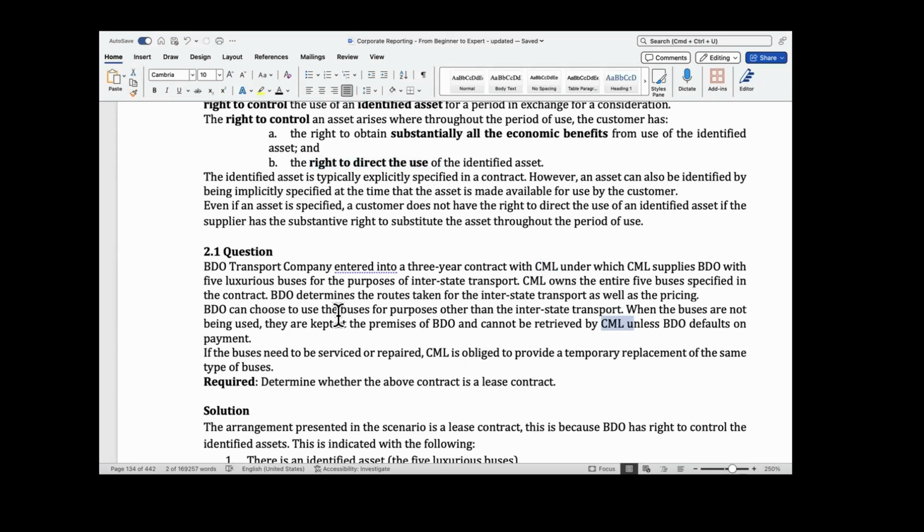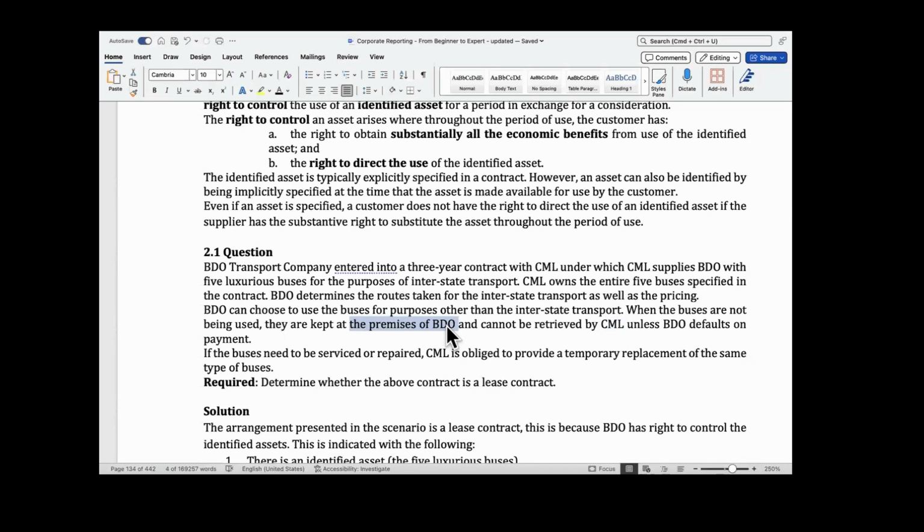But you need to understand something, that even if the buses are kept in the premises of CML, provided that CML is not using it or it is agreed that it cannot be used, you cannot conclude that it's not a lease. So being kept in the premises of BDO makes it simple and clear.